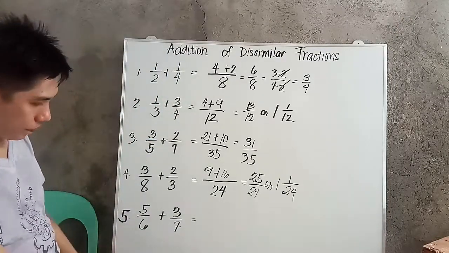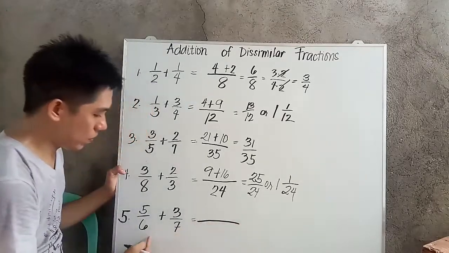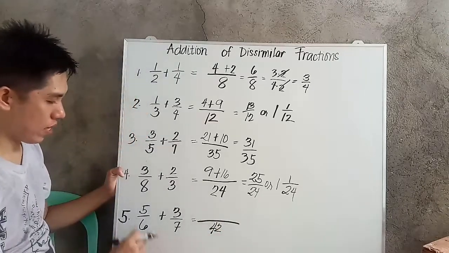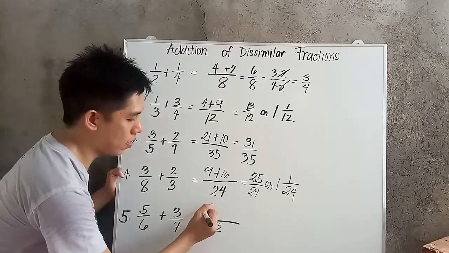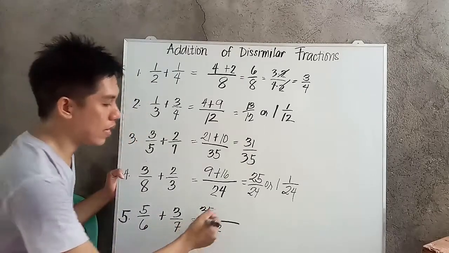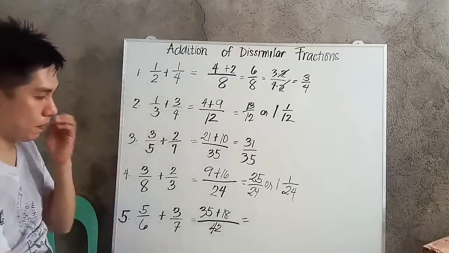Next, for number 5. 6 times 7 is equal to 42. Then cross multiply: 5 times 7 is equal to 35, and 6 times 3 is equal to 18.